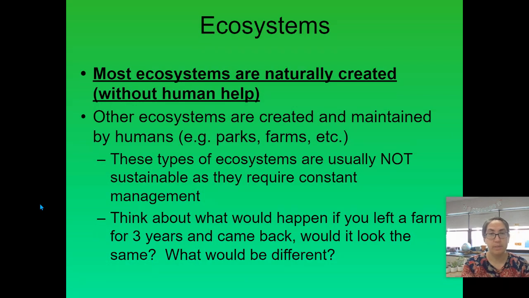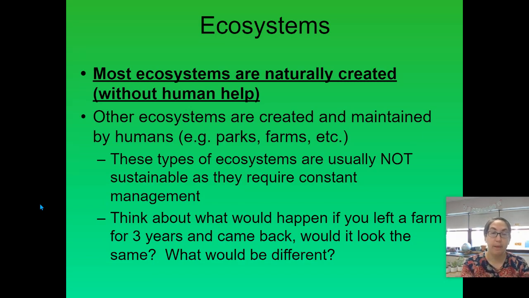So ecosystems are usually naturally created, meaning humans were not involved in the development of those ecosystems. But we do have ecosystems that are created and maintained by humans. So examples of that include parks, farms, etc. And these ecosystems are usually not sustainable, meaning that they're not going to continue to function without management.